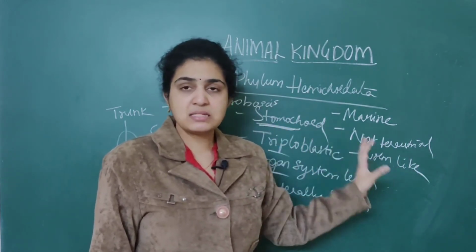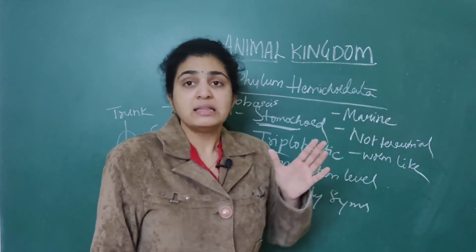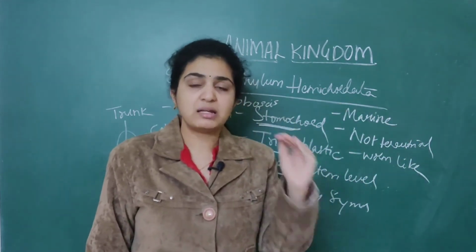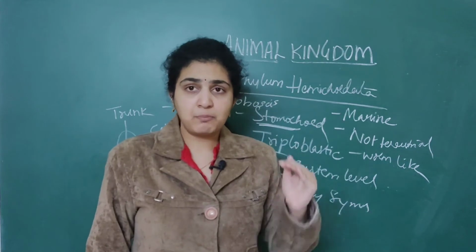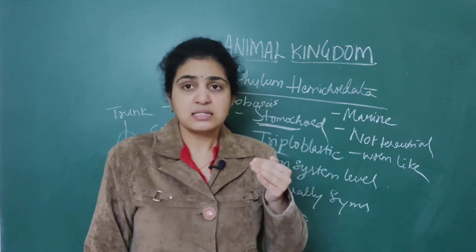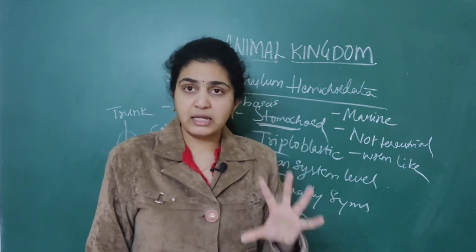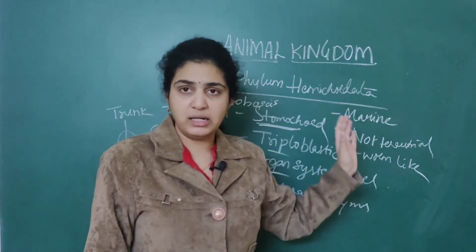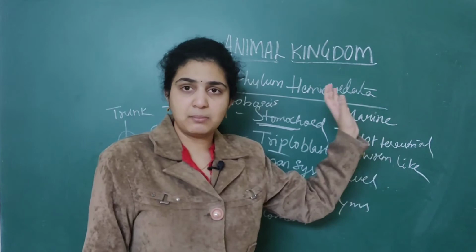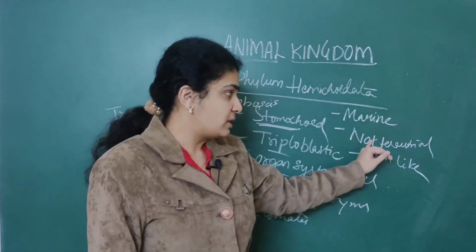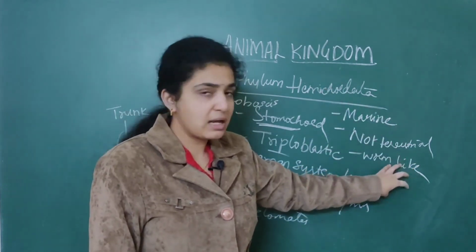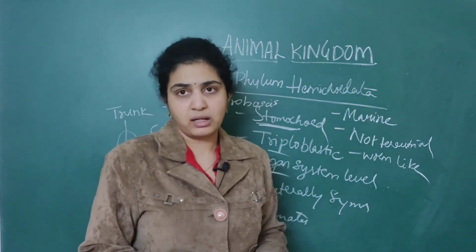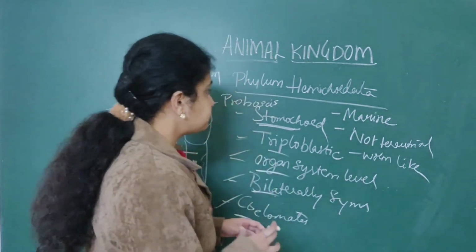Worm-like animals means nothing but hemichordates. They resemble worms but they are not worms. Tapeworm or earthworm, these are all real worms. Worm-like means, an important NEET question, hemichordates. So they are marine, not terrestrial, and worm-like organisms.